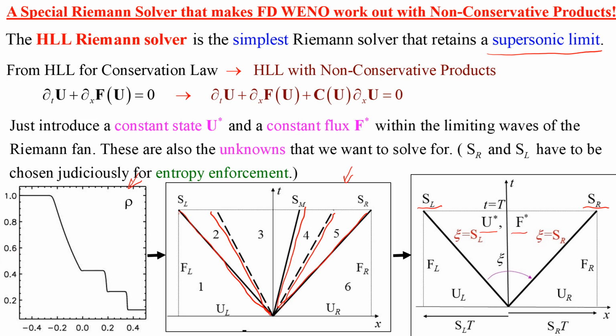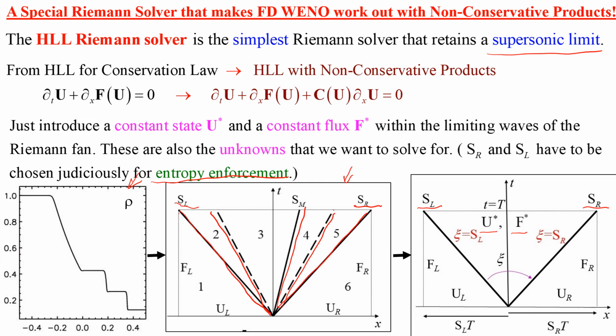Once you have that, as long as SL and SR are chosen judiciously, you will have entropy enforcement in your Riemann solver. So typically we choose SL and SR to be identical to the SL and SR that you might have obtained from an exact Riemann solver, or your best approximation for an exact Riemann solver, which could be a linearized Riemann solver, for example.